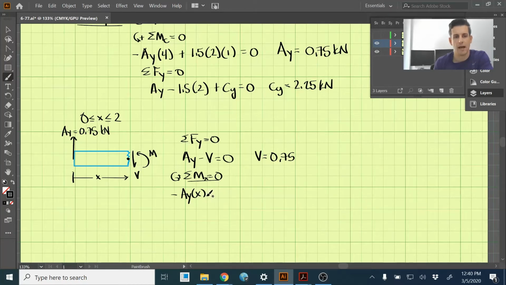And then we have our moment here, which is positive, plus M equals 0. If we put in 0.75, we find that M is equal to 0.75x.